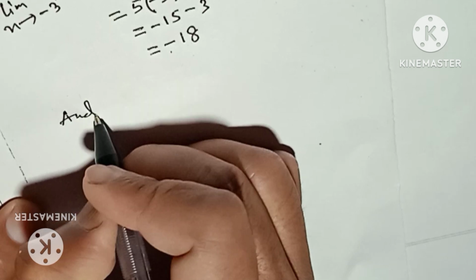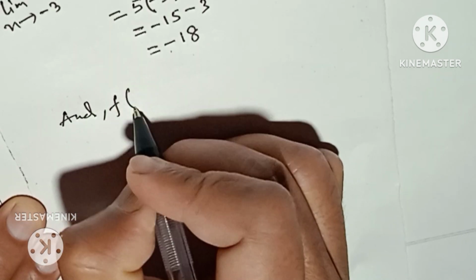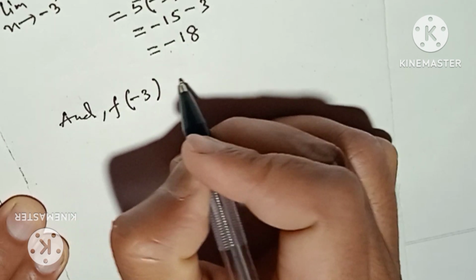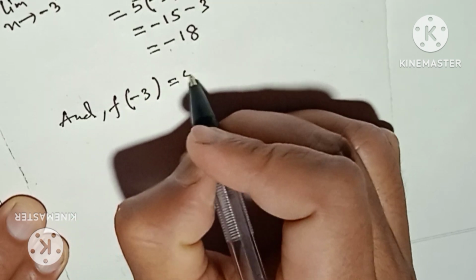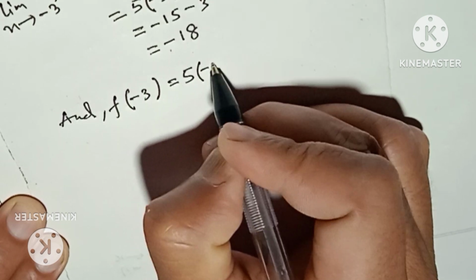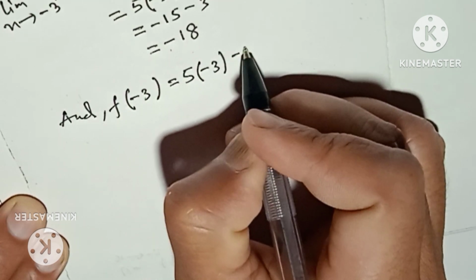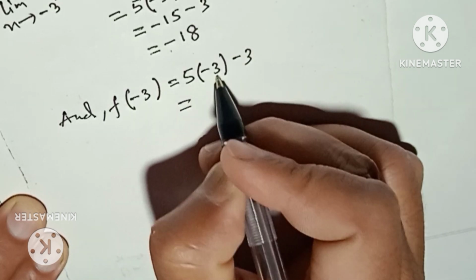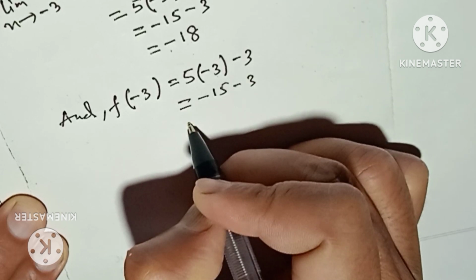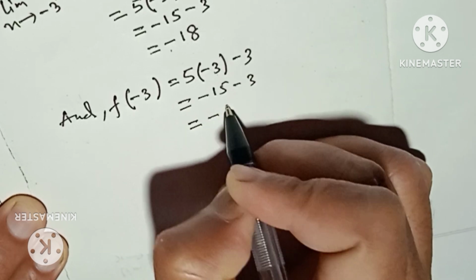And f of x, the value of x is minus 3. Let us substitute x equal to minus 3: 5 times minus 3 minus 3. 5 times 3 is 15, minus 15 minus 3 is equal to minus 18.